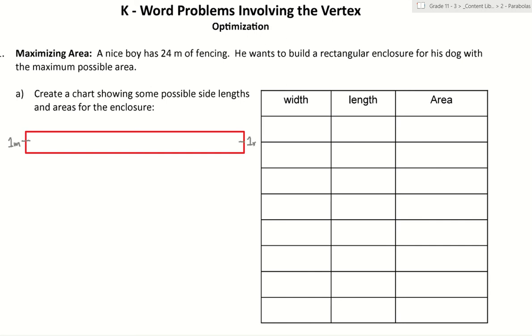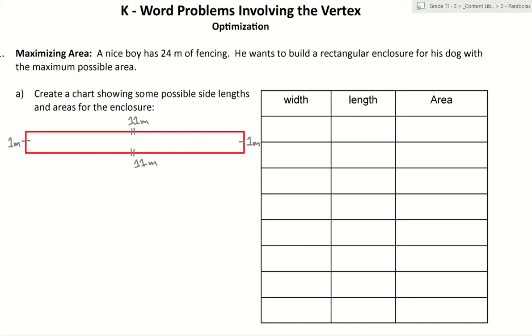All right, so far then, in the rectangle, 1 meter per side means 2 meters has been used up of fencing. 24 meters is what we have to work with at the very beginning. So 24 minus the 2 meters that we've used up leaves us 22 meters. And we're going to split that 22 meters up into 11 here and 11 here. So 11 plus 11 plus 1 plus 1 gives us the 24.